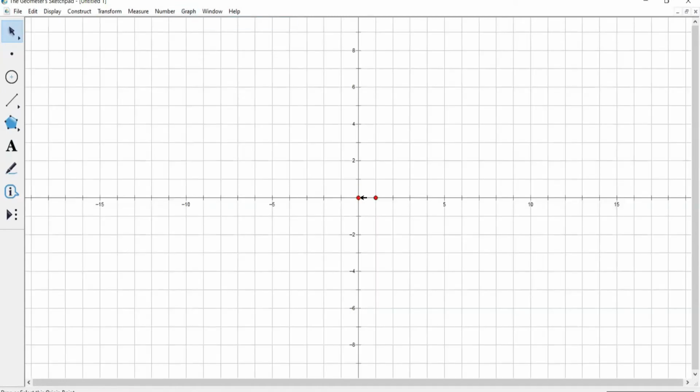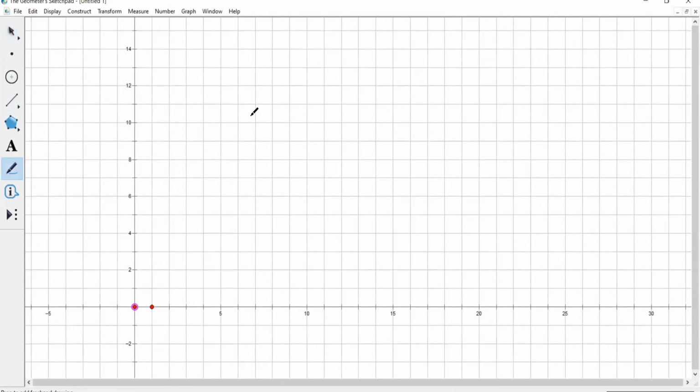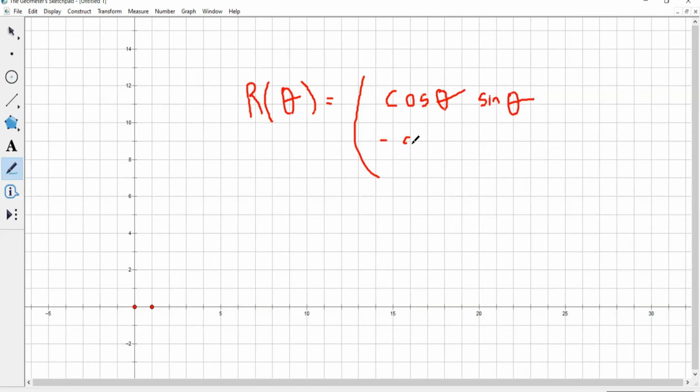How I want us to remember rotation is to just remember this formula. This is all you need to remember for rotation. The rotation of theta is equal to, just remember this one formula, you don't need to remember anything else with rotation. It's cos theta, sine theta, minus sine theta, cos theta, as a matrix right here.